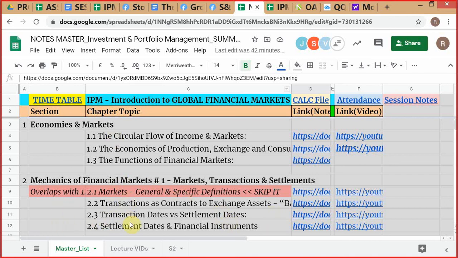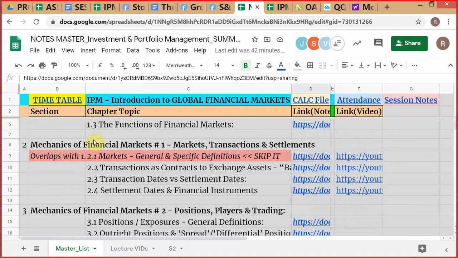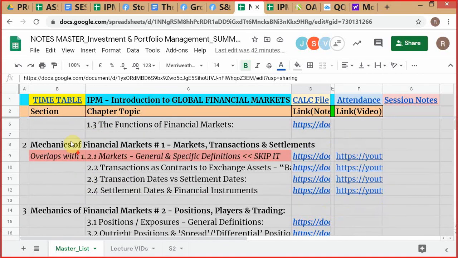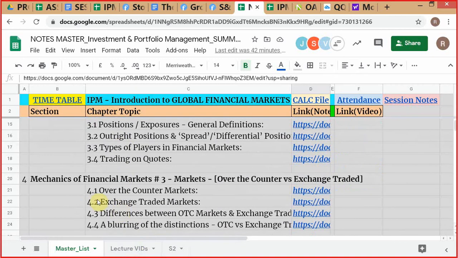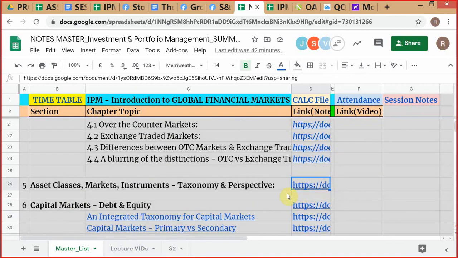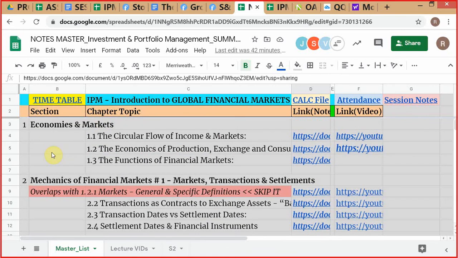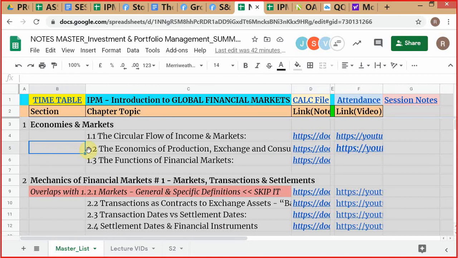It's not that you don't need to know this, but it will take me time to go through these topics. But if you go through all these topics in the right sequence, then it comes to the asset classes. But you may have to read this earlier a little bit because of the way that we are doing the project related information. Once again, if you have any confusion, if you didn't follow why this goes after this or this comes before this, it is your responsibility to ask me.